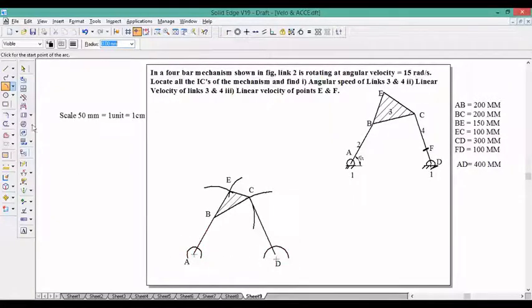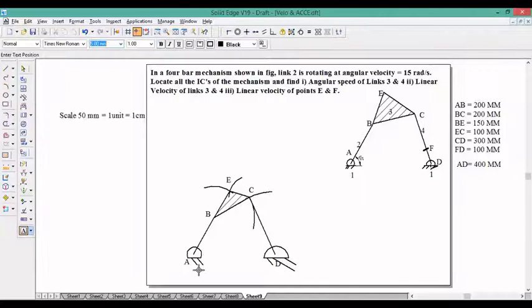So these two are fixed links. Let us call the fixed link as 1, and this is also fixed, this is 2.